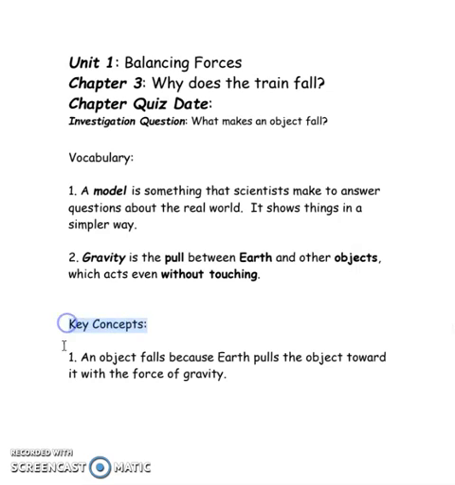And we have a key concept. An object falls because Earth pulls the object towards it with the force of gravity. So when we're talking about things like magnets, magnets can help push other magnets away with a push, a not touching push. Now when you think about gravity, we're going to think of a pull.